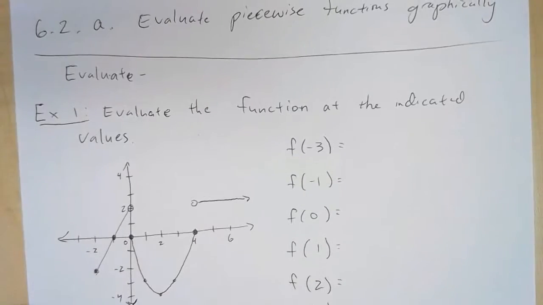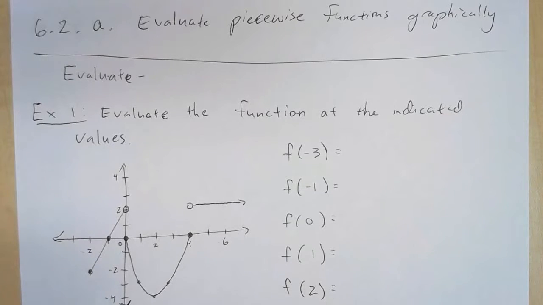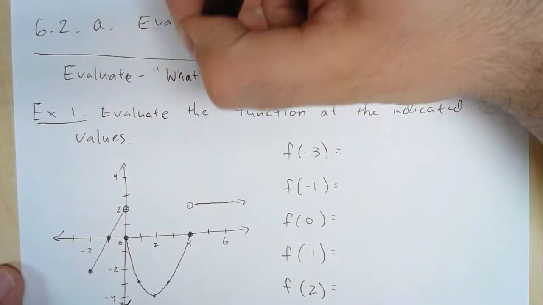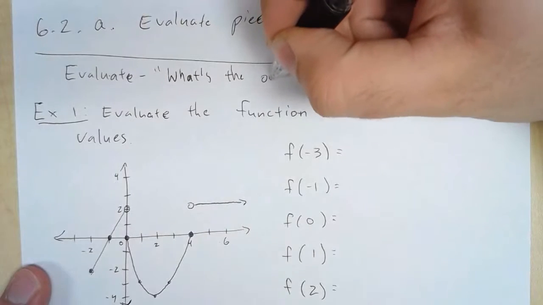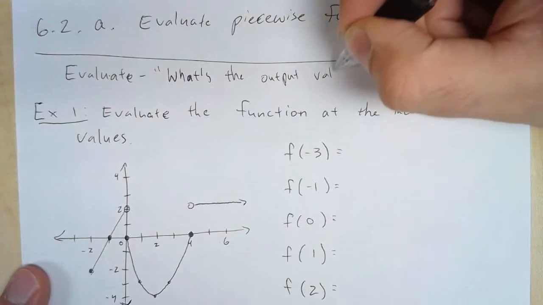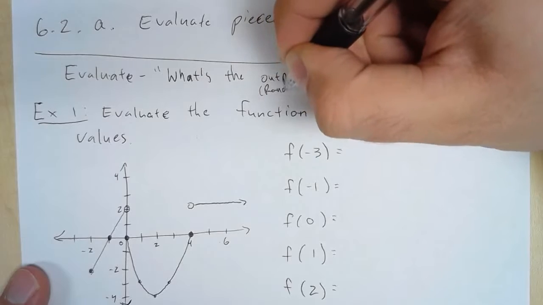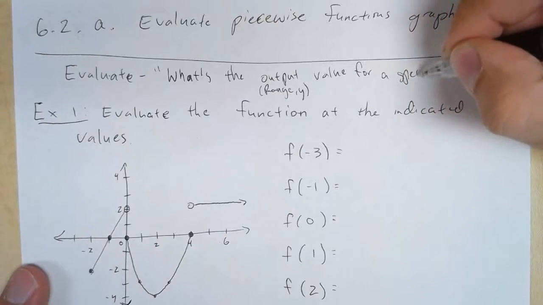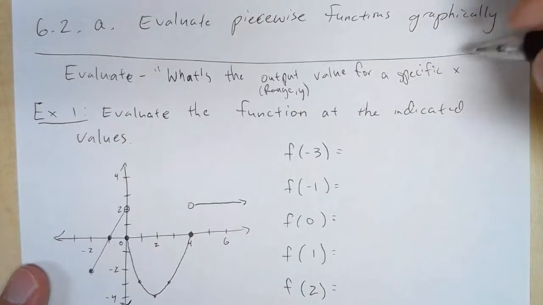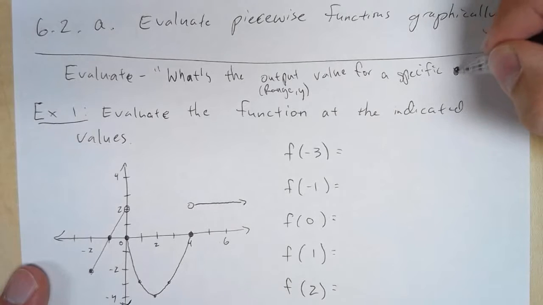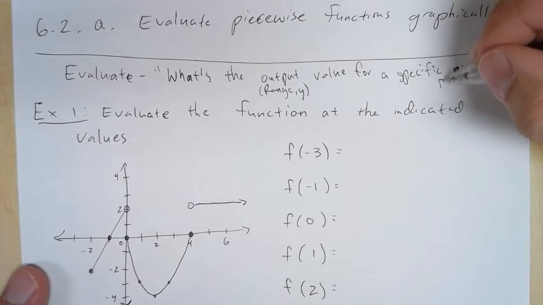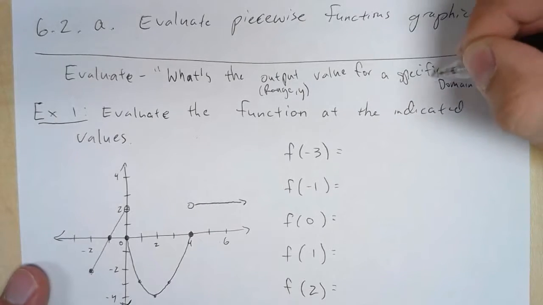Okay, so when we see the word evaluate, because I'm looking at your quiz results, the word evaluate is literally asking this question. It's asking, what's the output value, which by the way we know what output is, it's just the range, which is just the y, for a specific input, which we also know is domain, which is x.